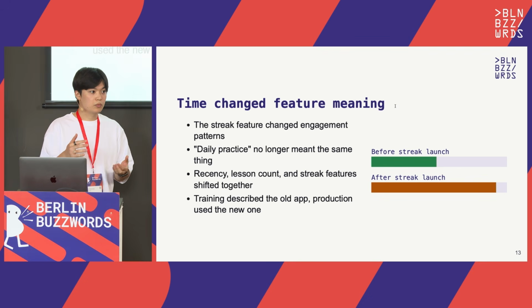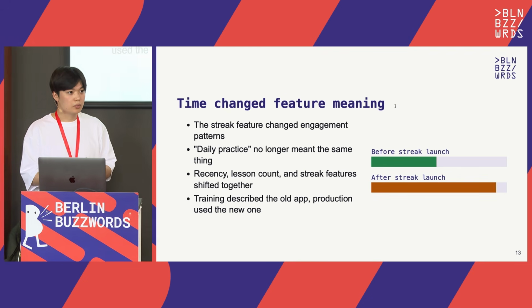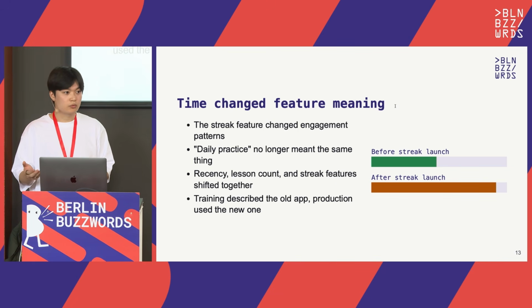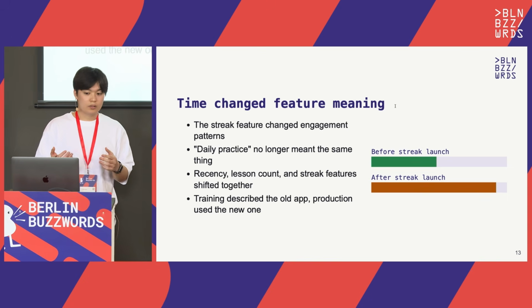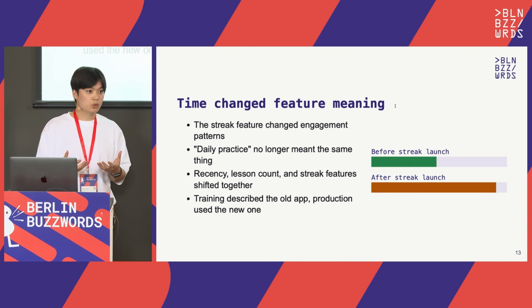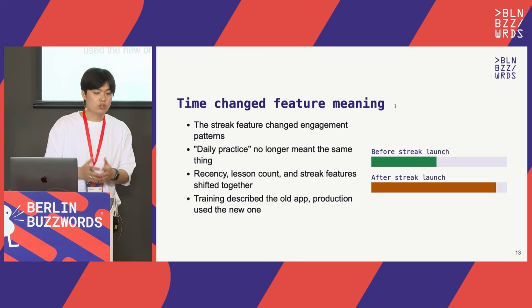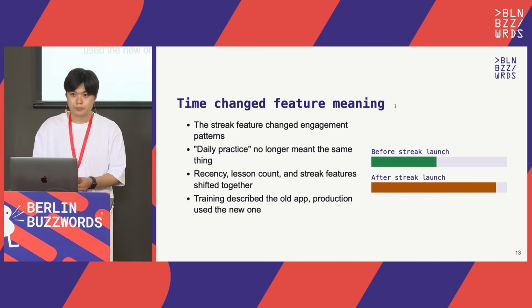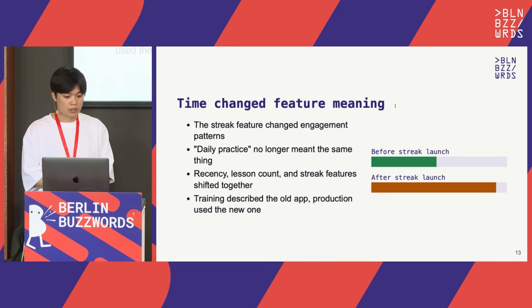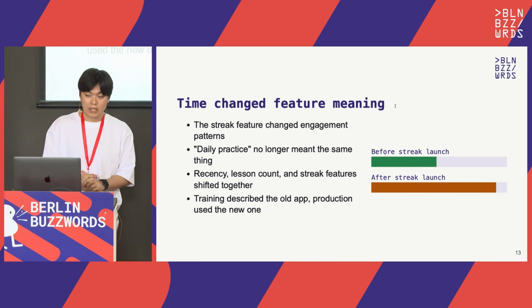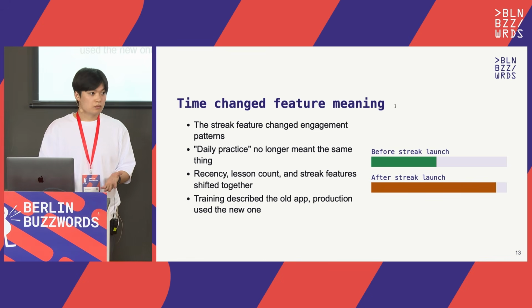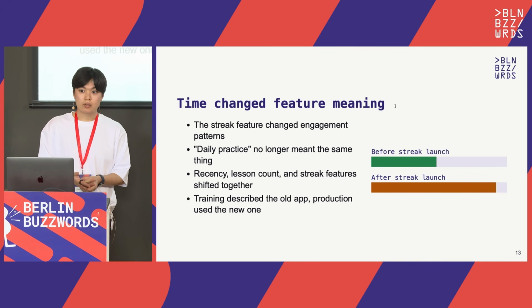So for this new pattern of hunting for streak, the interaction with the app became more shallow. They just opened the app, completed one lesson, and were done with the app for today. This streak reward completely changed the behavior of some users.